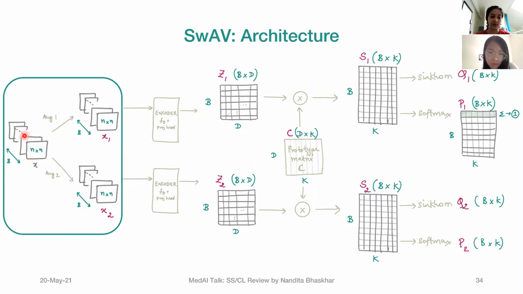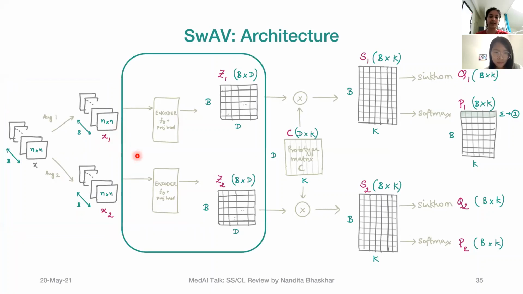Let's focus on a particular batch. You have a batch of images of size n cross n, and the number of images in this batch is b. Then you perform 2 augmentations, any of the augmentations, and you get the 2 views of these images. So you still have b samples, each of n cross n size.